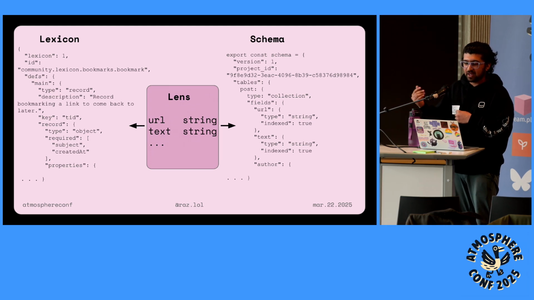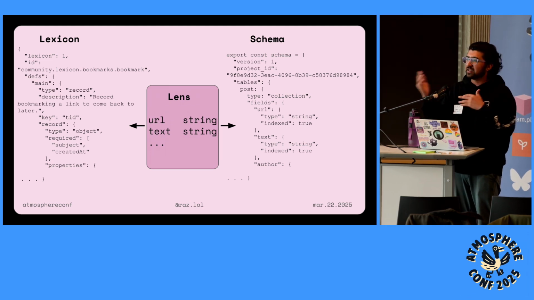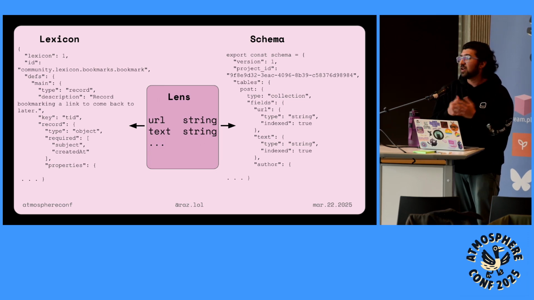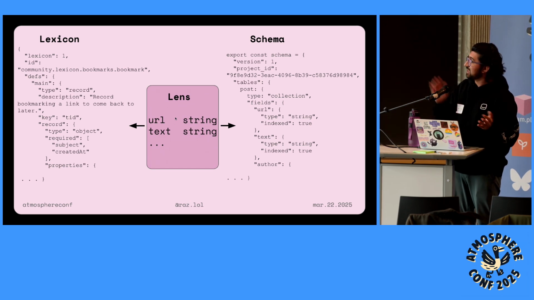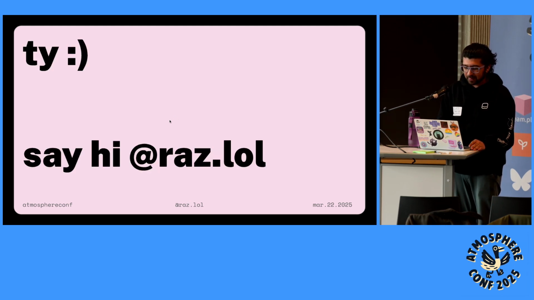Someone was talking earlier about what if you have different data in different formats, or one thing says text and the other says text value. In this case, you just define I want the text, and the LLM will figure out what this person probably wants and return it to you. So using lenses to translate between schemas would be pretty interesting.